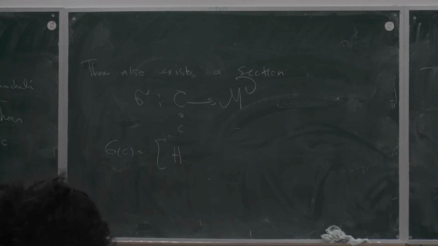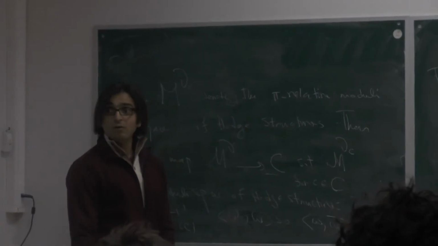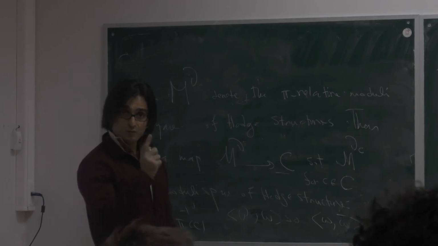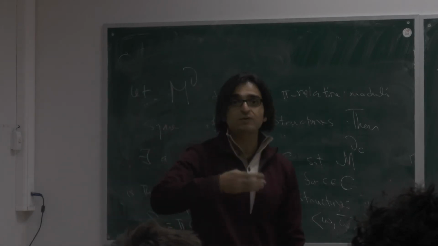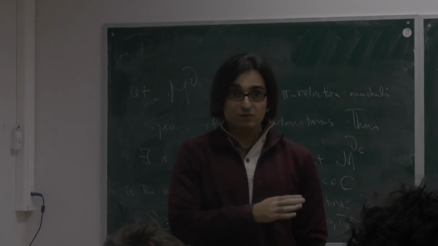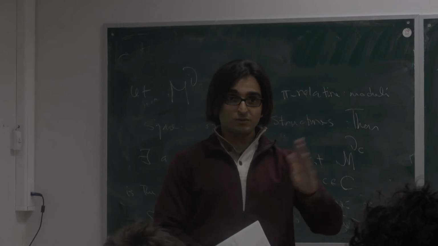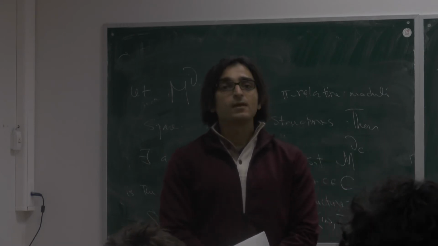So what is this form? Any form that satisfies the usual relations. You would like this to be 0, and you would like this to be bigger than 0. So this is for one fiber, right? Now you can do this fiber-wise. So for one fiber, there exists a moduli space of Hodge structures of type (1,20,1).